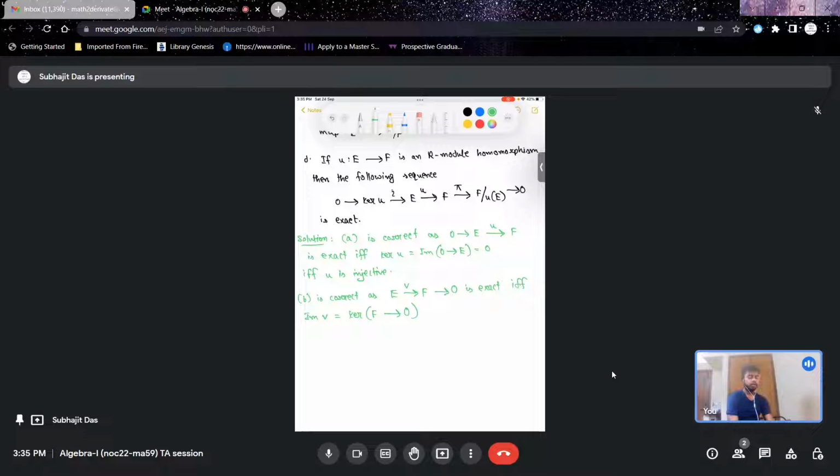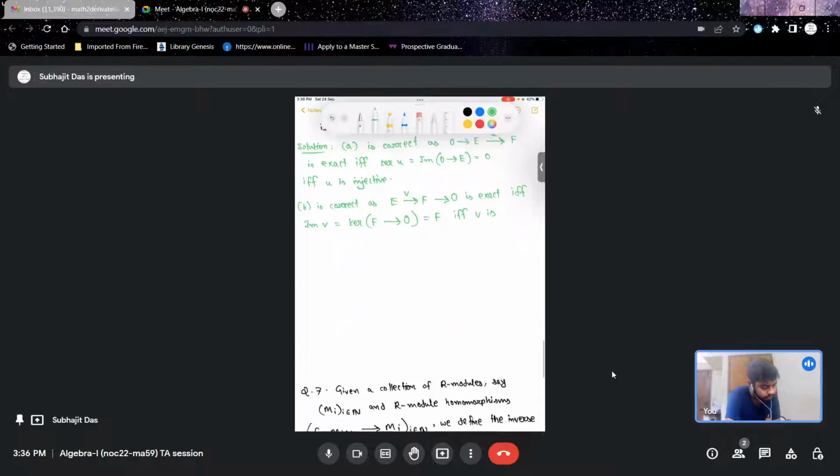This unique arrow or morphism of F into 0. What is the kernel of this? This is precisely the 0 map, which is F. And this is true: the image of V is equal to F if and only if V is surjective.